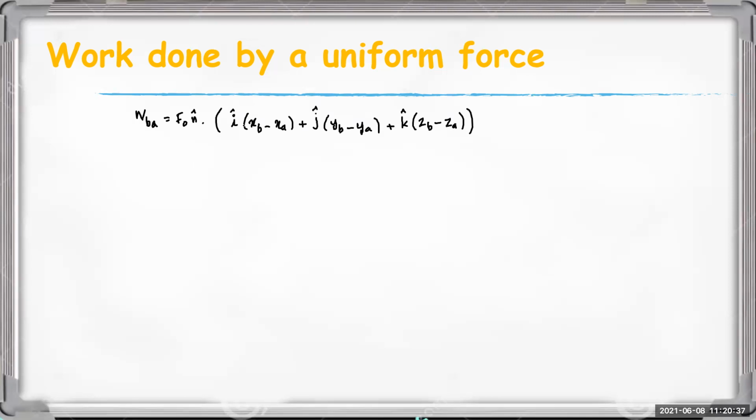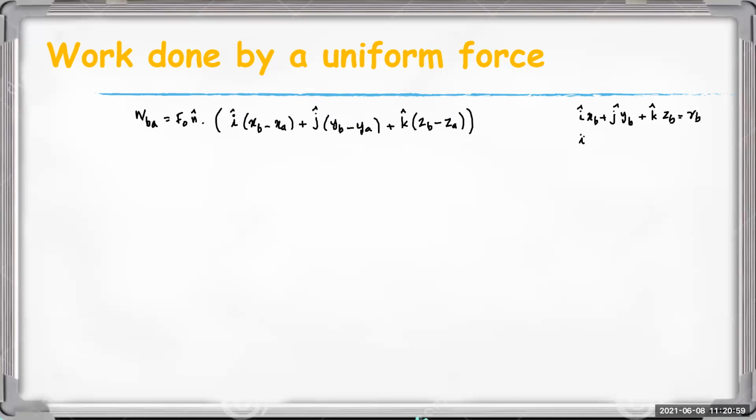Here we know that i XB plus j YB plus k ZB is equal to what? RB.